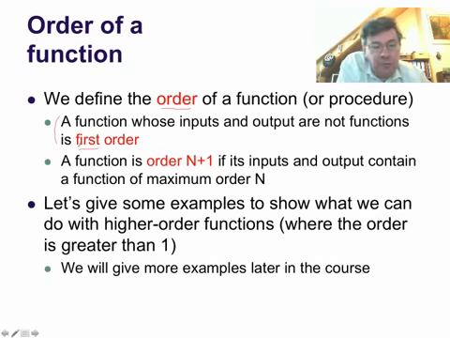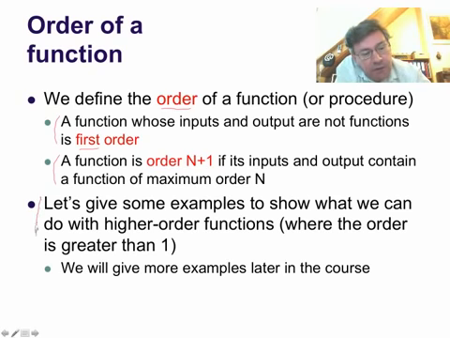It's just a function. Now we go farther. We say a function is order n plus 1 if somewhere in its input and output there is a function of maximum order n. So we take the maximum of the order in all the arguments and the output and we add 1. And when we increase the order of a program, things get more and more general, more and more abstract, as you will see.